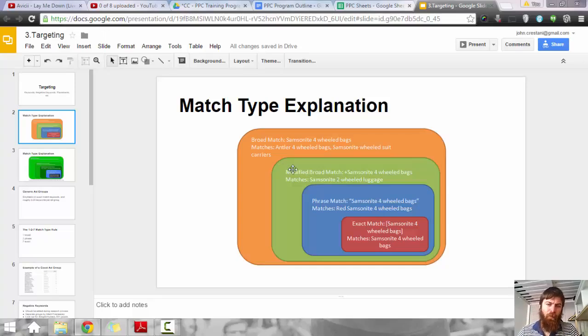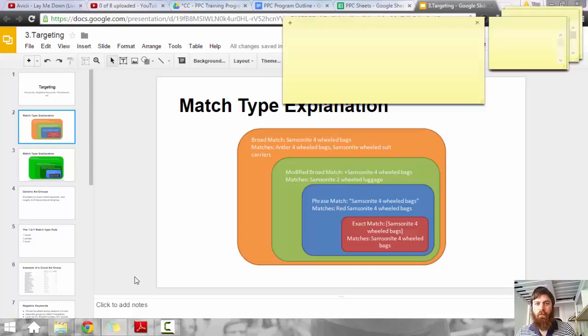For modified broad match, you have to put a plus in front of the word. So if you say Samsonite 4-wheeled bags, this will always have to match with Samsonite, or at least some misspelling of Samsonite.